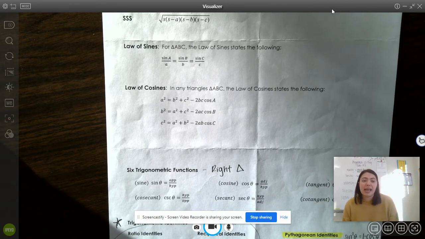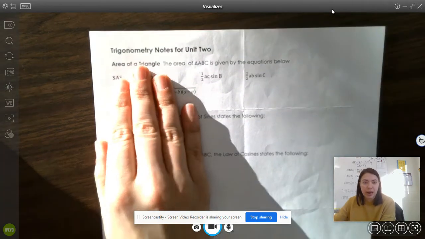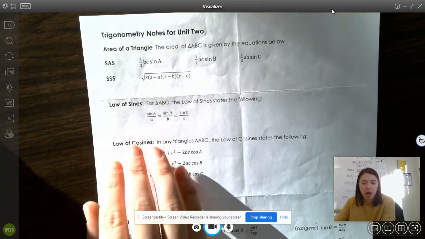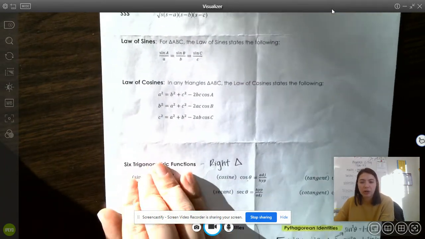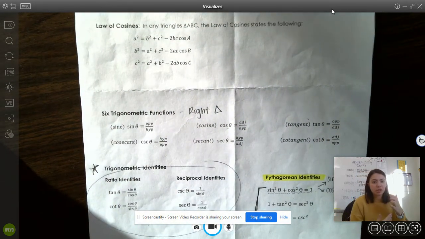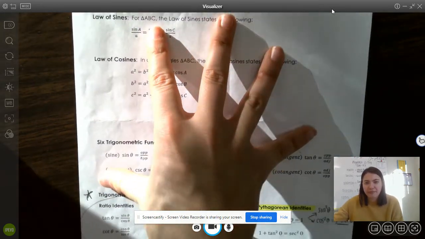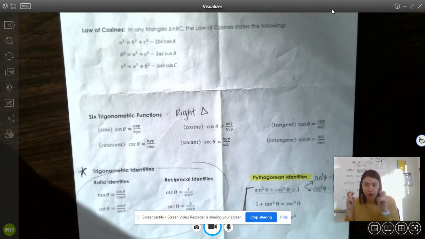So, first off, today we are moving on from our area of triangles, law of sines, and law of cosines, and we're going to go back to some trig functions. On Google Classroom, you have a fresh copy of what I like to call a cheat sheet.